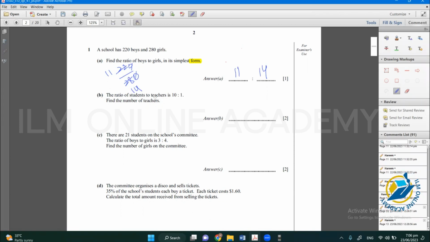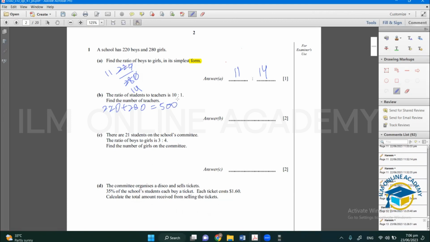Maybe you are thinking that we don't even know the total number of students, but we know, because in the first line they have already said that the school has 220 boys and 280 girls. So the total count of the school would be 220 plus 280, which makes 500.